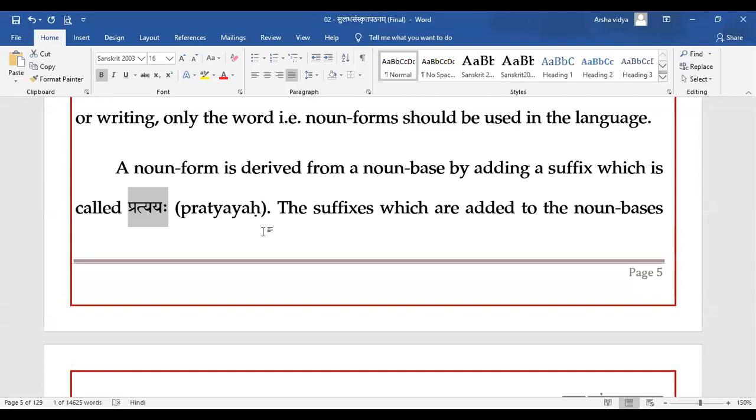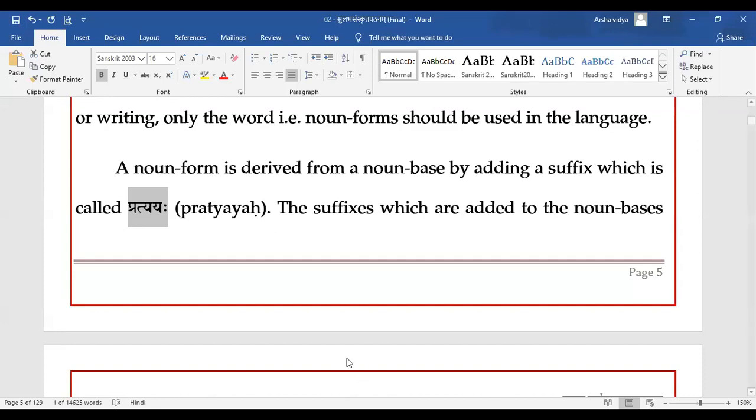Now, in English, I said we have parts of speech. We have prepositions: in, at, of, between, along with, for, to, by, from. We have so many prepositions.